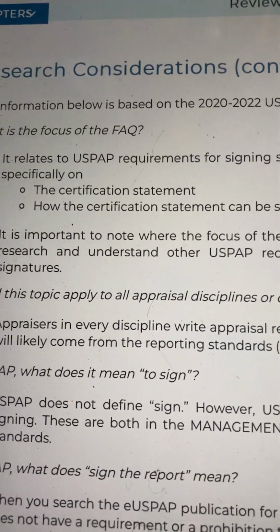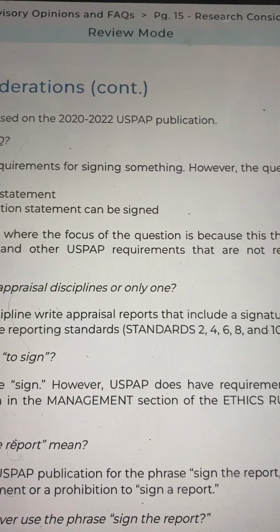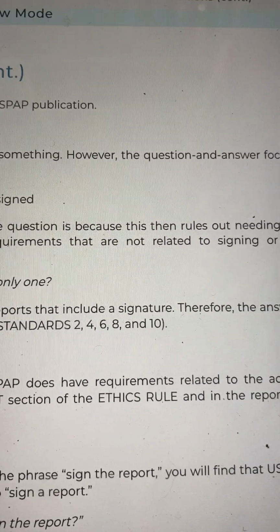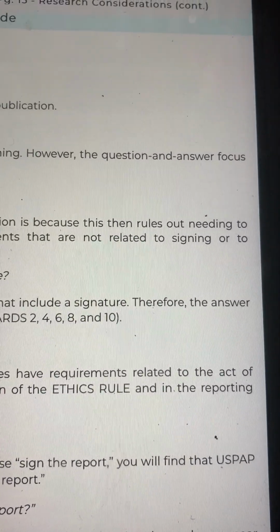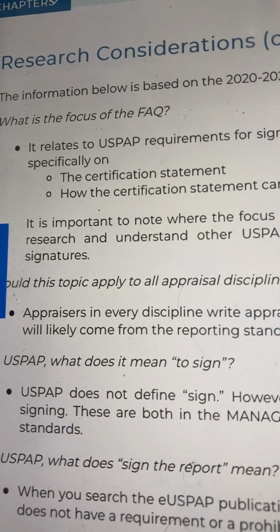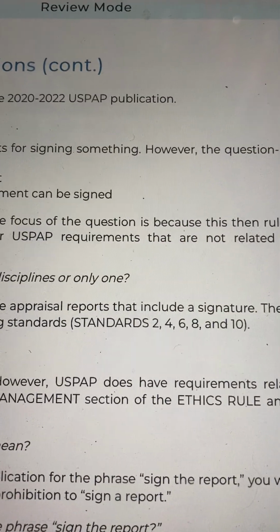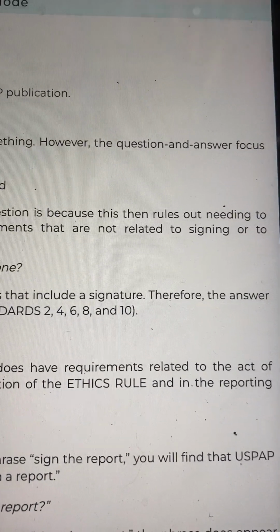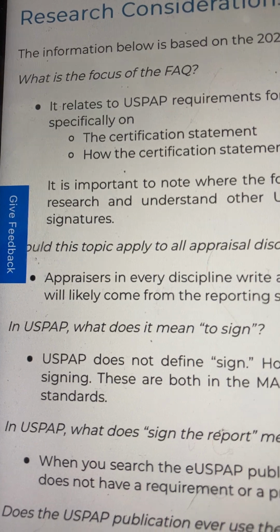It is important to note where the focus of the question is, because this then rules out needing to research and understand other USPAP requirements that are not related to signing or signatures.